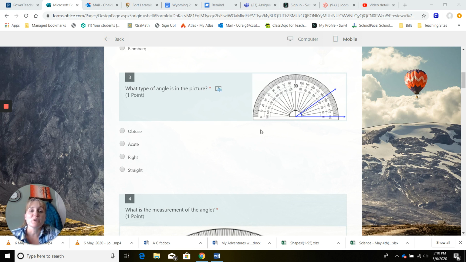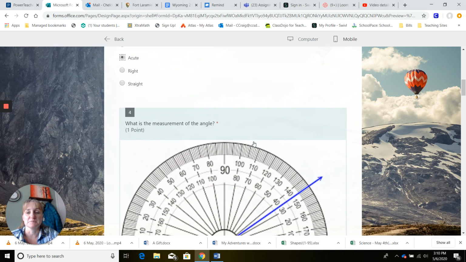So when we look at this picture over here on the protractor, I can see that both of my lines are on one side of my whole protractor. And that's just a quick way of knowing if they're both on the same side, they're going to be acute angles. Okay, when one is on one side and one is on the other, they're going to be obtuse angles. So that's a quick trick to remember. Okay, so this is acute because they're both on the same side.